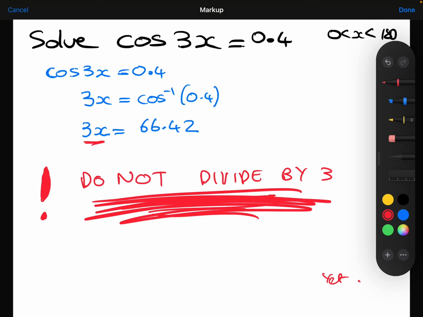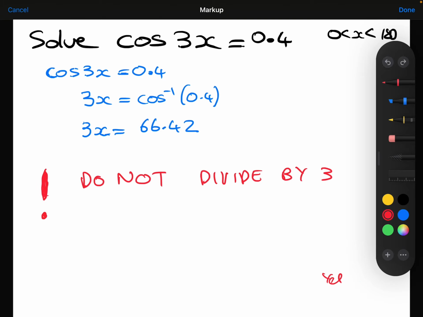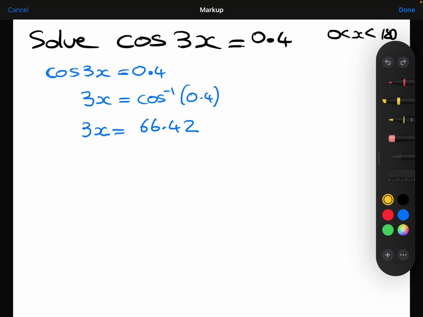The reason why it's really important not to divide by 3 is because we have just worked out that cos inverse of 0.4 is 66.42. But the 66.42 is not the only answer to this. There are infinitely many answers of when cos is equal to 0.4.